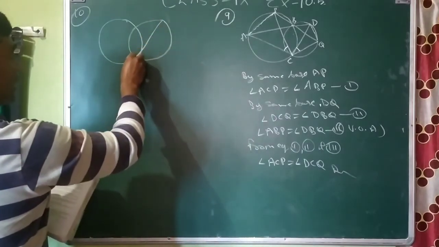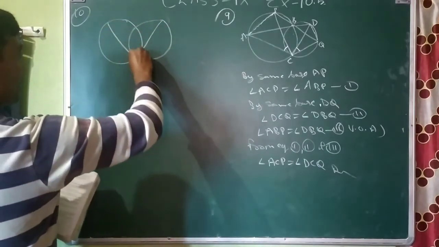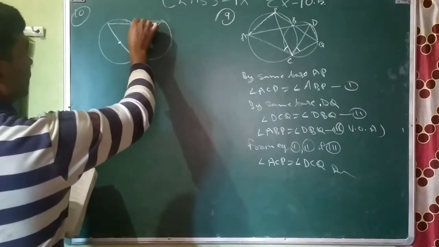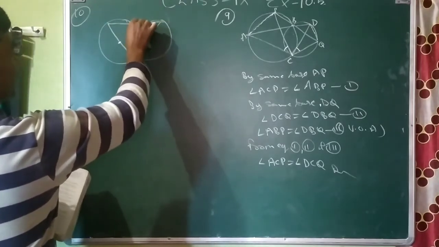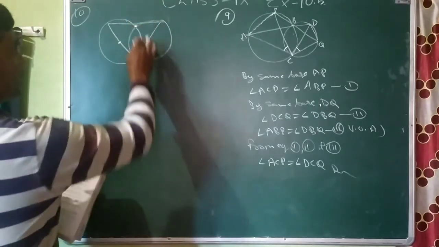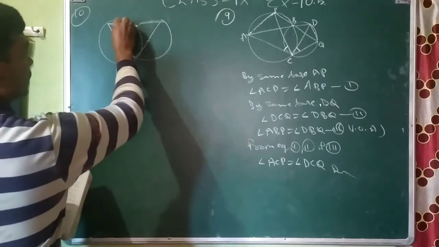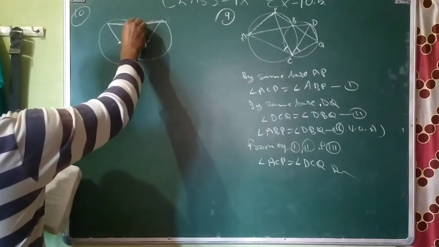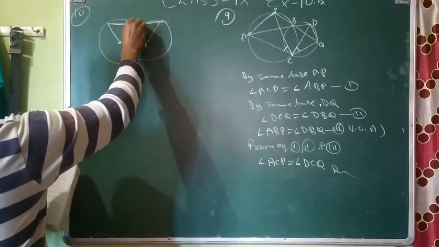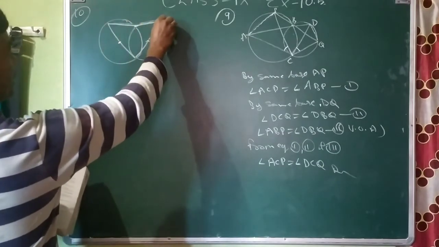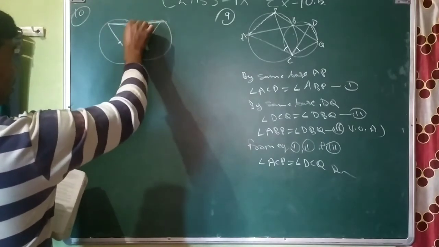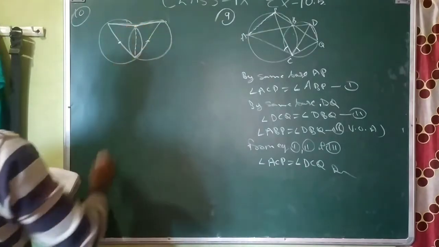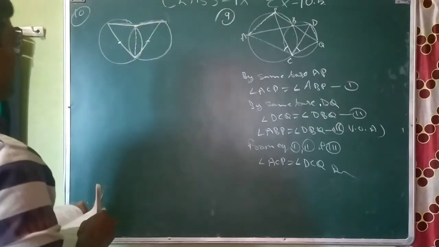Suppose this is a diameter, this is also a diameter. That means this will be the center. This is the third side. It means it must be straight, so we need to prove that this is 180 degrees.